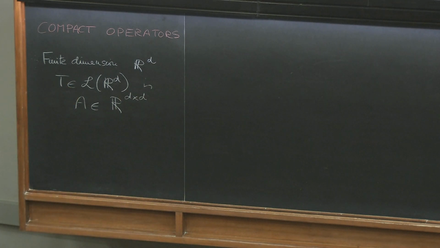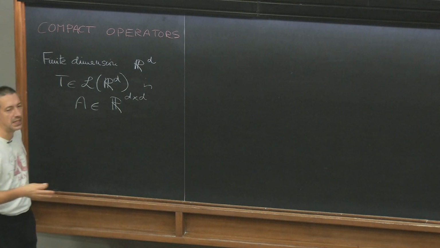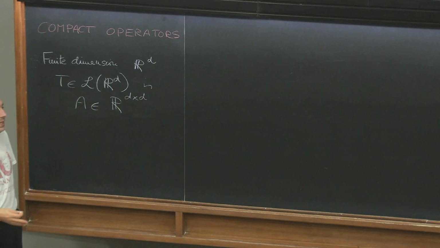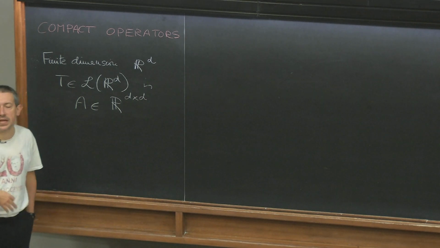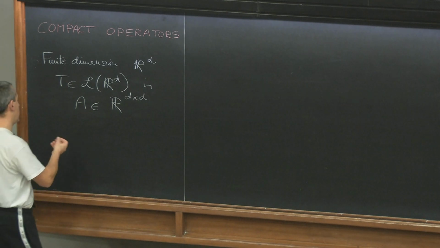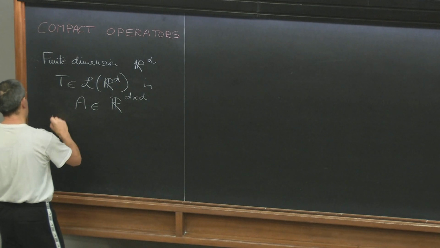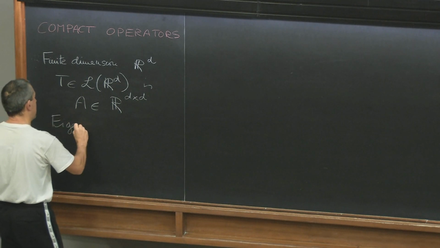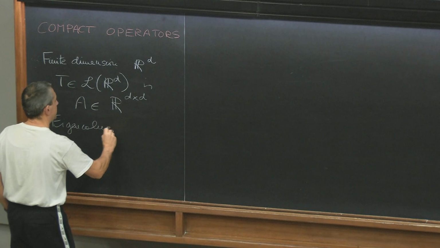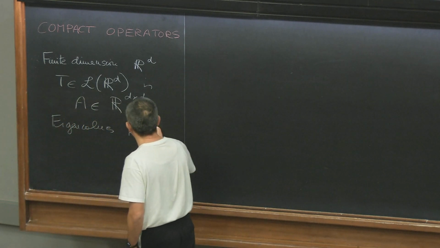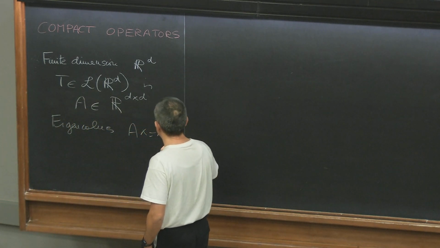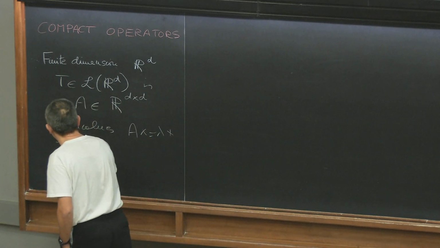And we know a lot about linear algebra, and in particular, we know that you have the decomposition into eigenvectors and eigenspaces, the eigenvalues. So Ax equal to lambda x, and eigenvectors.